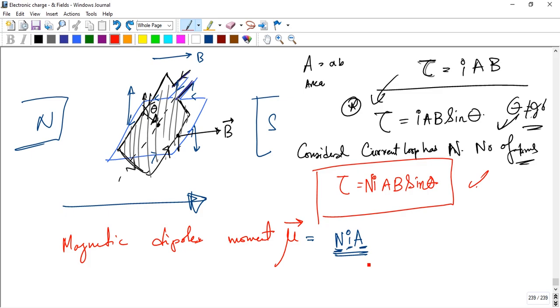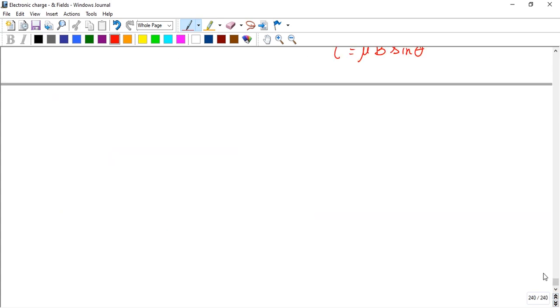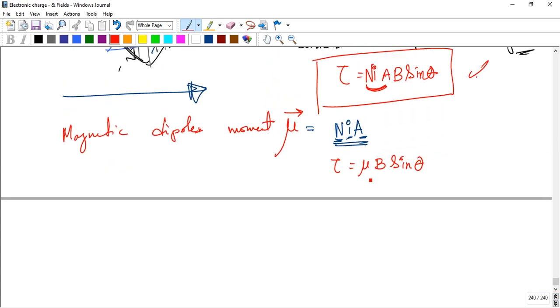Now the torque tau, with NIA replaced by mu, is mu B sine theta, so finally tau is equal to mu cross B, a vector product.